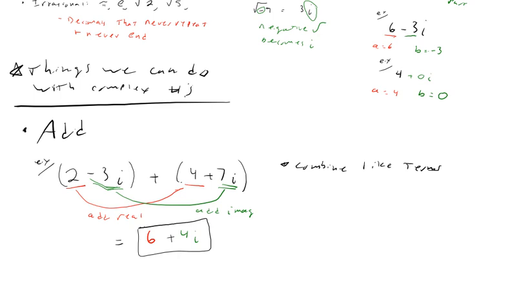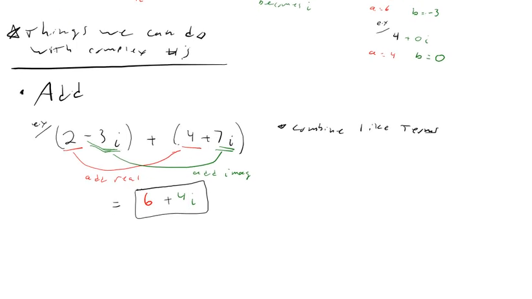So in our new problem, we had 2 complex numbers, and we added these numbers together. We just add the like terms. So the real parts add together, the imaginary parts add together, and that creates a new complex number with a real part of 6 and an imaginary part of 4.